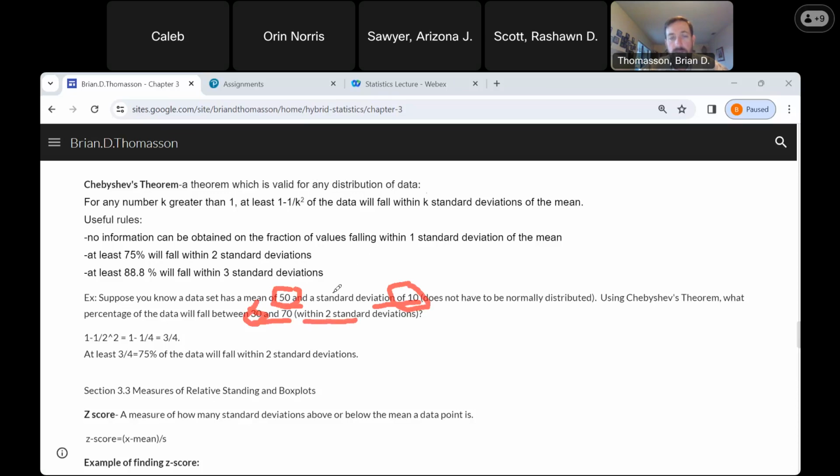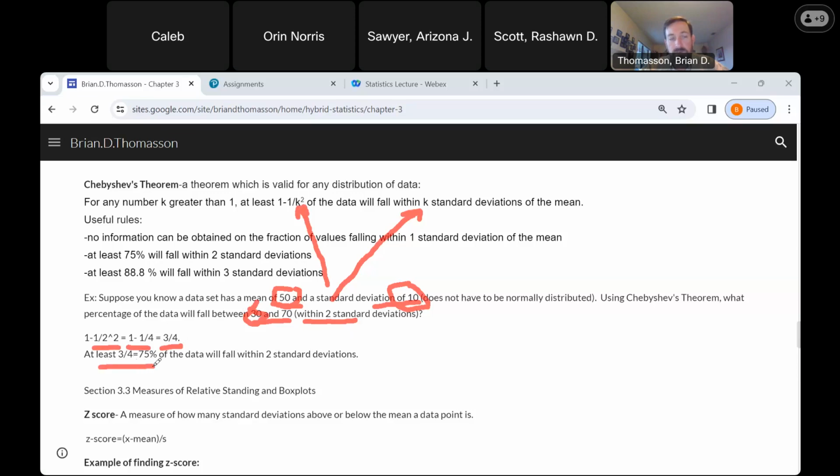Now that we know that our k is 2, we plug k in there. So we have 1 minus 1 over 2 squared, which turns out to be 1 minus 1/4, or 3/4. Okay, so at least 3/4 of the data falls within 2 standard deviations.